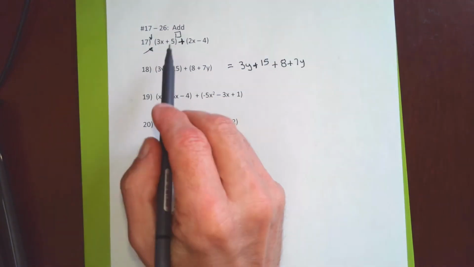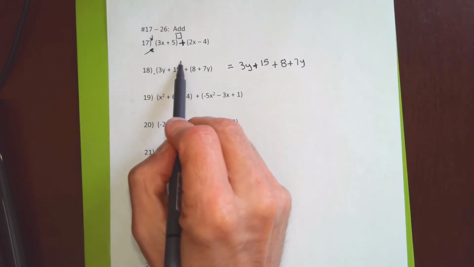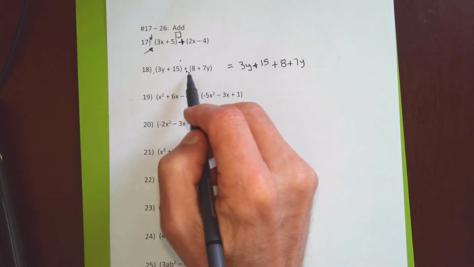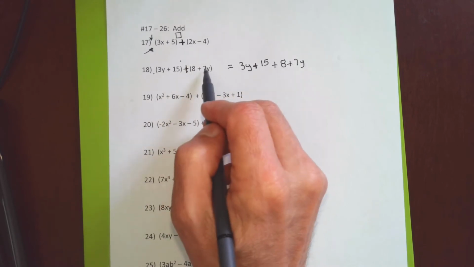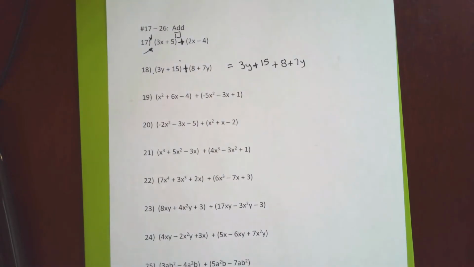So a problem that leads with a parentheses, doesn't have a coefficient, doesn't have an exponent, has a plus or a minus after it, that parentheses can be dropped. A problem that has a plus sign preceding a parentheses, and that parentheses doesn't have a coefficient or an exponent, that parentheses can be dropped.